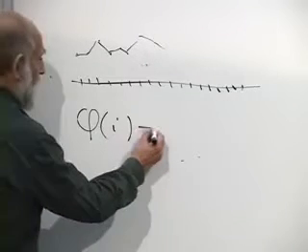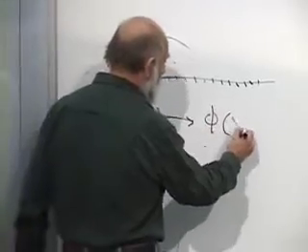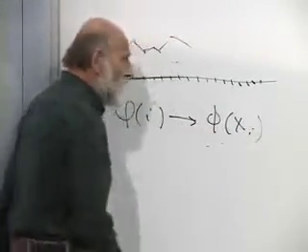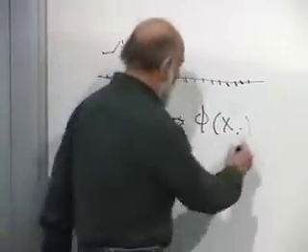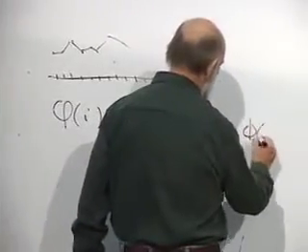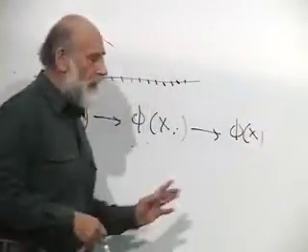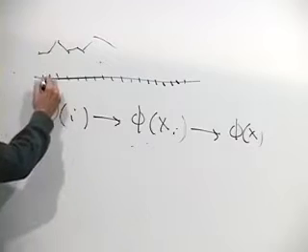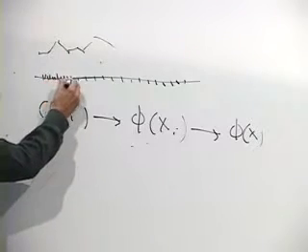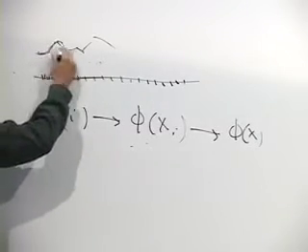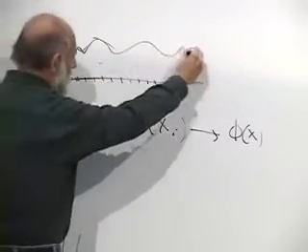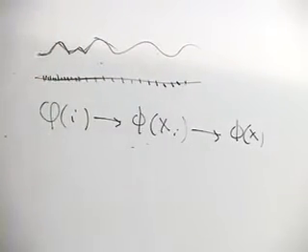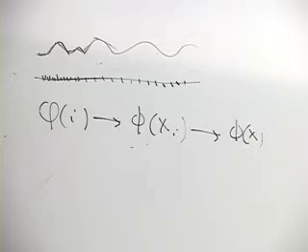Or we could call it phi at point xi. Or we can just call it phi of x. Phi of x has the implication that we're going to a limit where we take the points to be so dense that this field becomes a continuous field. And we can imagine doing that process.